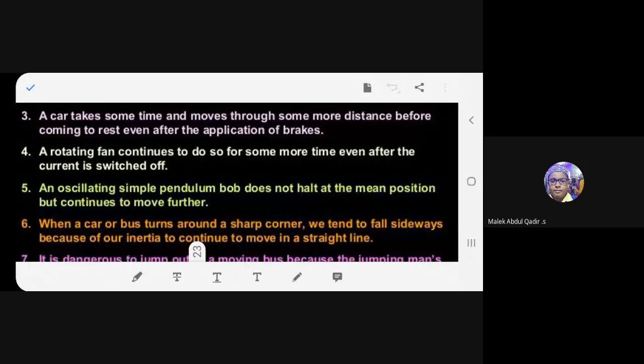Have you observed this in your bicycle, in your scooter, or in your car? If you apply brake, it doesn't stop at that time, but it reduces speed and goes in the forward direction. Yes or no? Ninth standard, do you agree with me or not? If you have any dilemma, if you have any doubt, please ask me again and again. But don't be quiet.